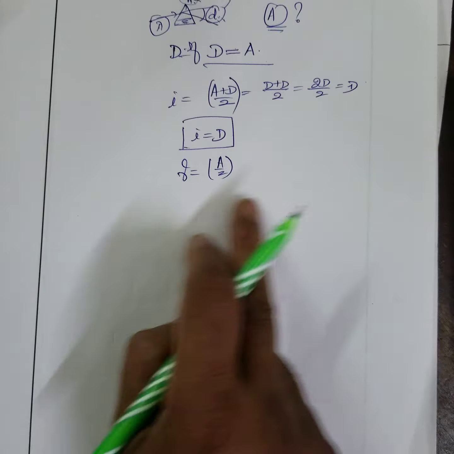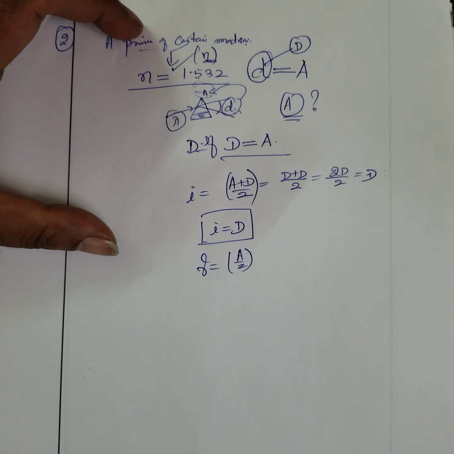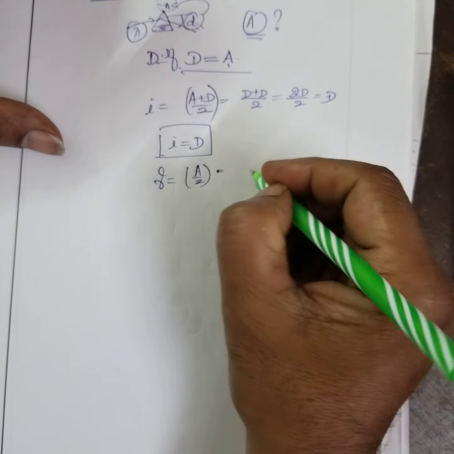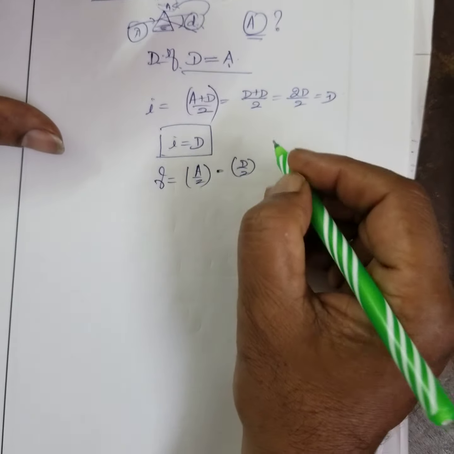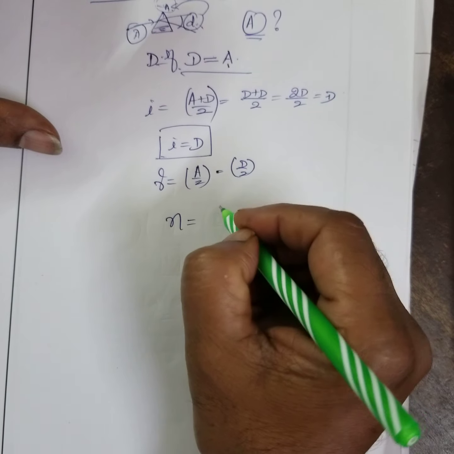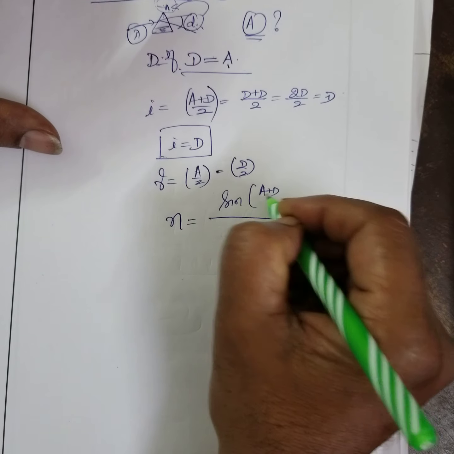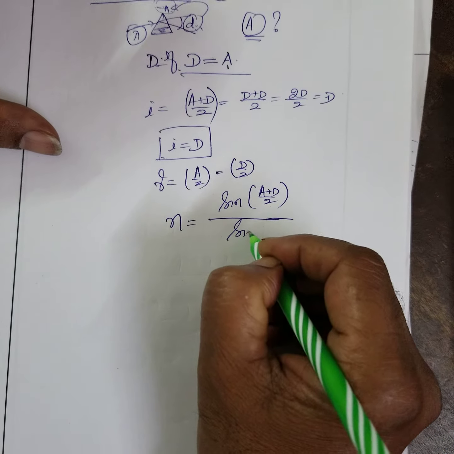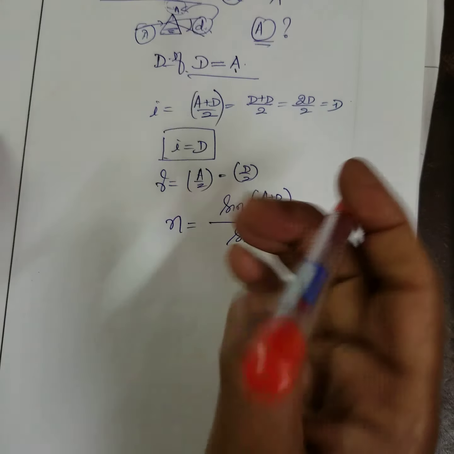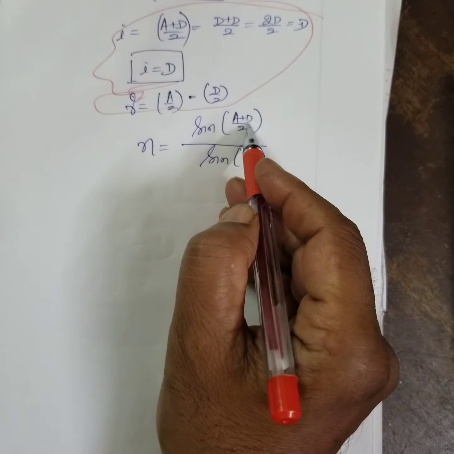These things they'll ask you in the NEET exams, as well as in 5 mark questions. A is equal to D, so the angle of refraction is D by 2. Therefore, the refractive index is sin of (A plus D) by 2 over sin A by 2. In the examination, sometimes this idea will not come to us suddenly. You may start like this.